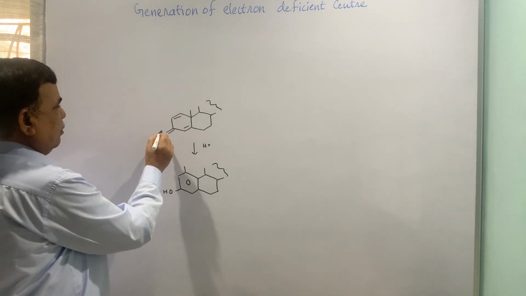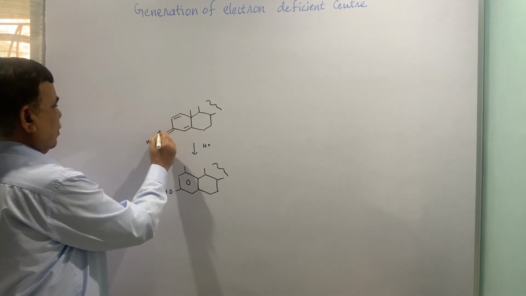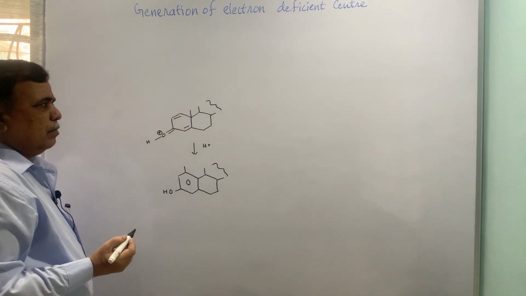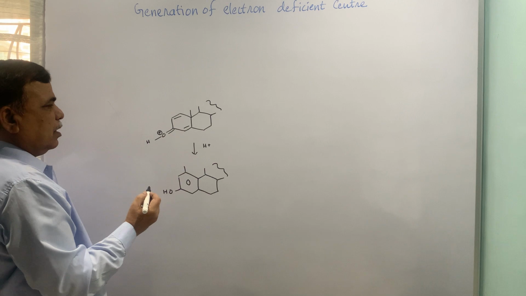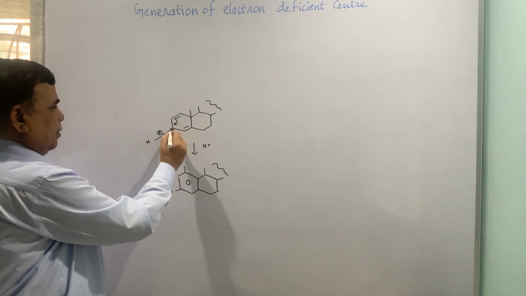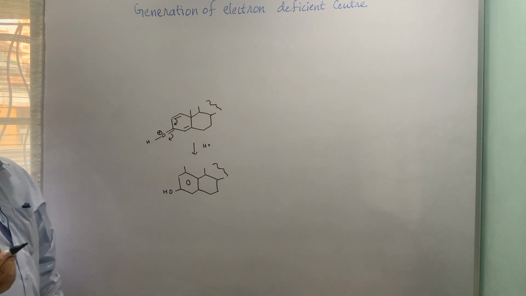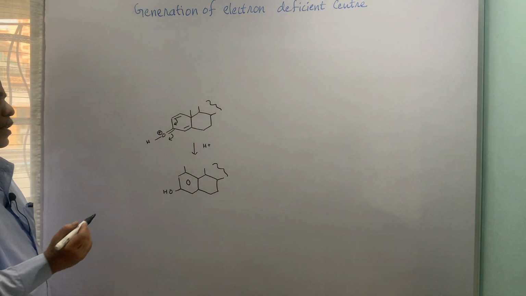So initially what we have to show is the protonation of this. Now since this becomes 3-membered, let me rectify the charge on oxygen by shifting the pi bond in this way.